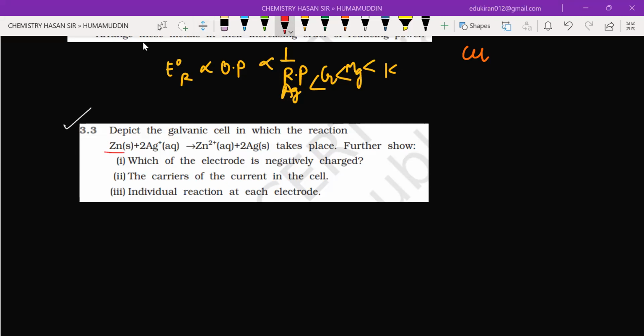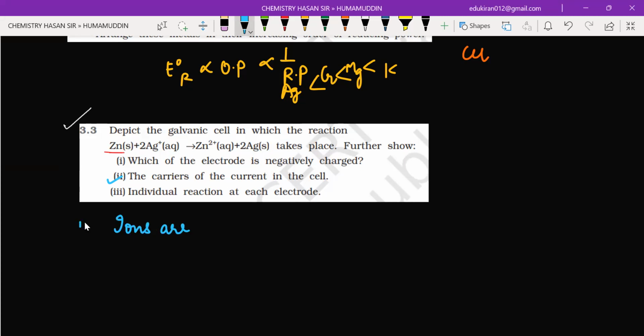Done, so very good. Second question, the carriers of the current: does current flow due to electrons or due to ions? In this, current flows with the help of ions, right? Basically, ions are the carriers of current.